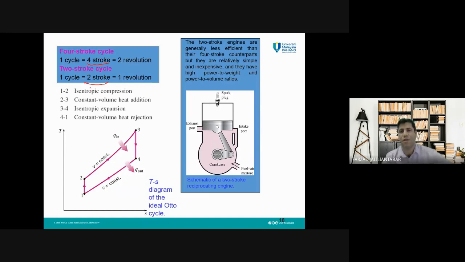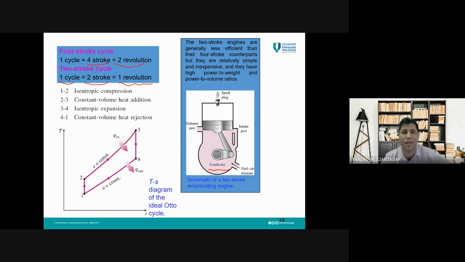In other words, we have some engines in which, instead of four strokes, the cycle completes in just one revolution of the crankshaft. For four stroke cycles, the cycle completes in two revolutions.